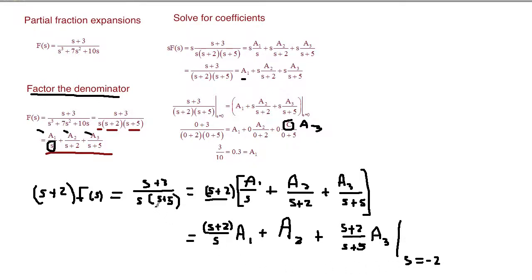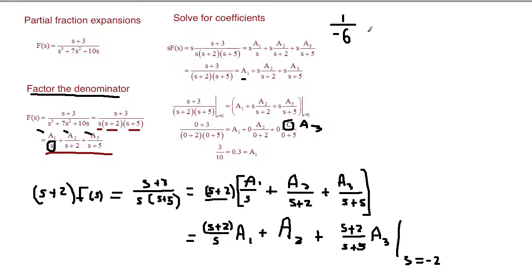If I do that, on the left-hand side, I get negative 2 plus 3 is 1. So I get 1 divided by negative 2, and then negative 2 plus 5 is 3. So negative 2 times 3 is negative 6. So I get 1 over negative 6.